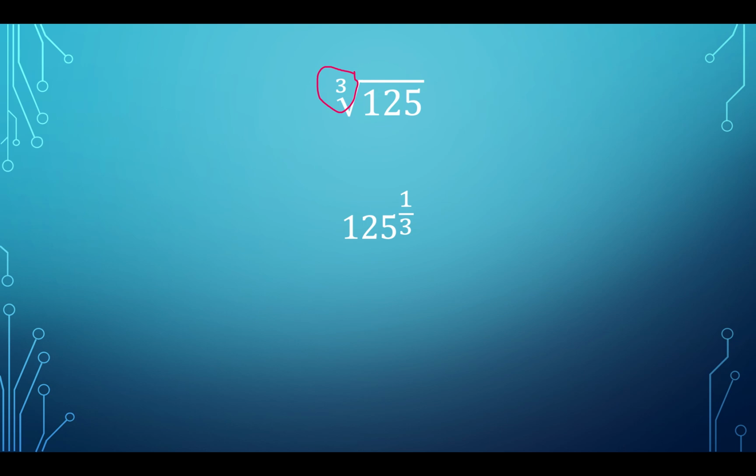The easiest way to do this on the calculator is to take the degree, or the index of the radical, and make it into a fraction, the reciprocal of it. So instead of doing the cube root of 125, we're doing 125 to the 1/3 power.